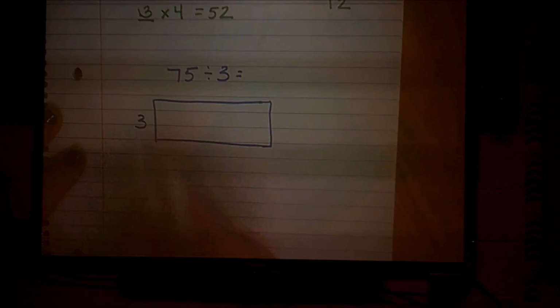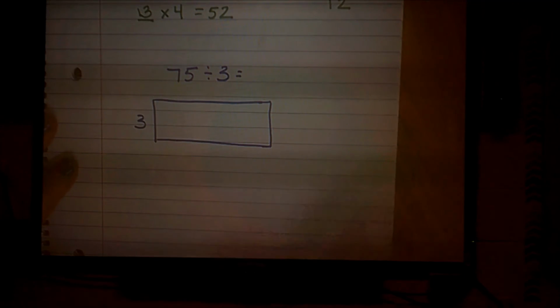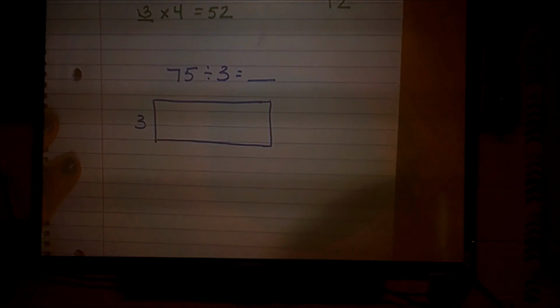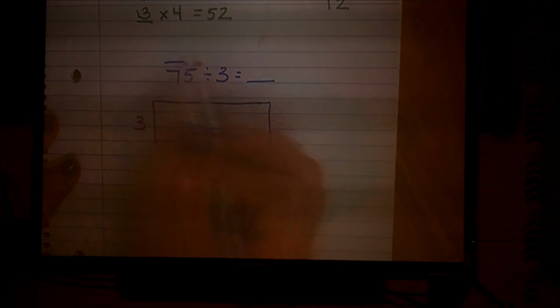Again, I draw my box. I'm going to put my 3 over here because we talked about on the last problem that 75 divided by 3 is going to be the same as, I'm going to do it up here, some number times 3 equaling 75.